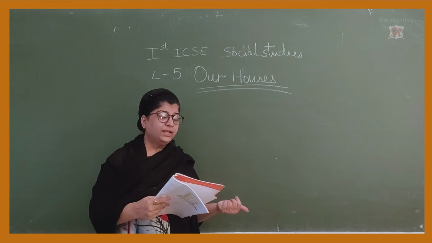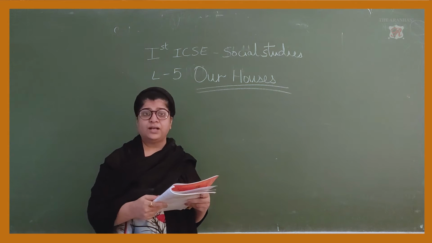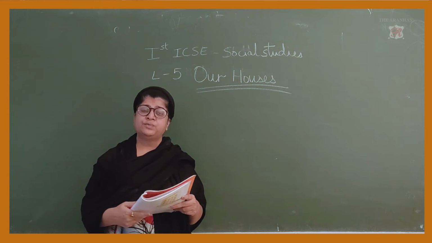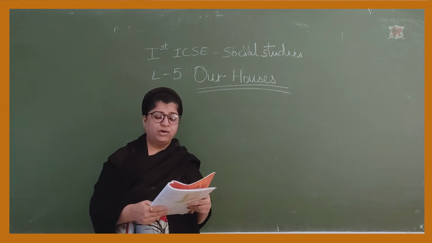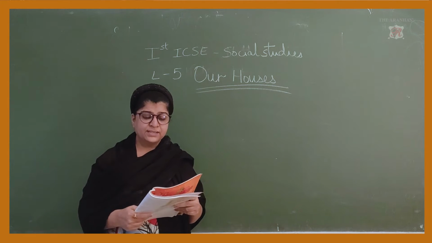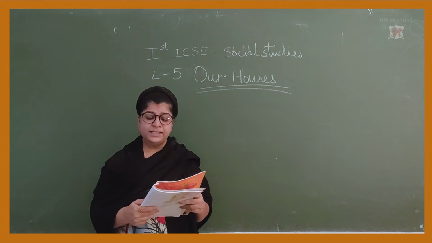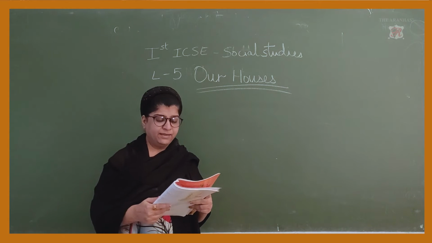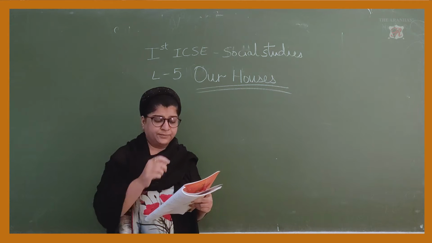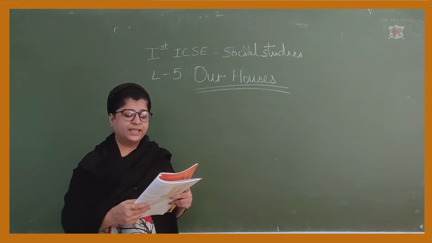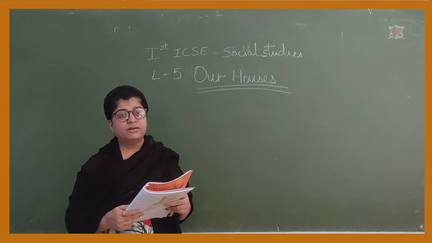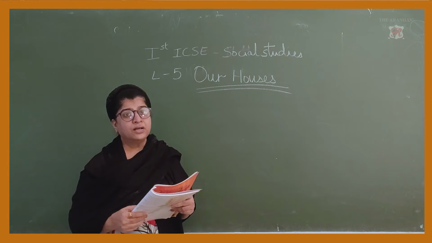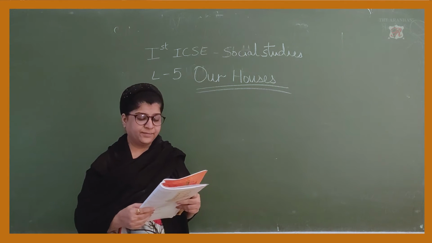When it is rainy, we can't go out, so again the house protects us from rain also. So the sentence is, we all need a house to live in. Our house gives us shelter from the sun, the cold and the rain.